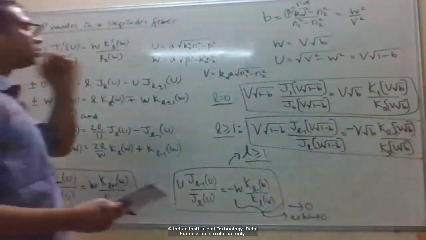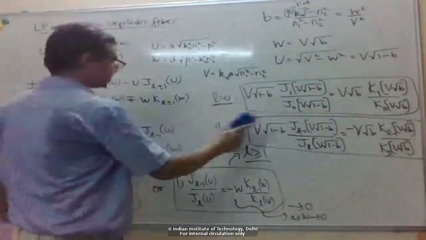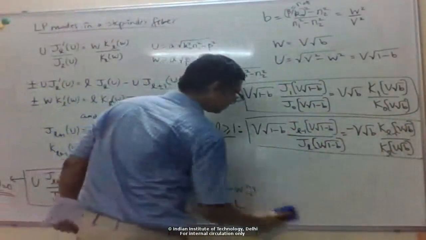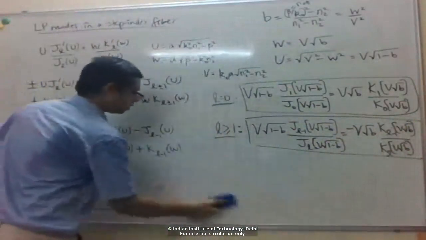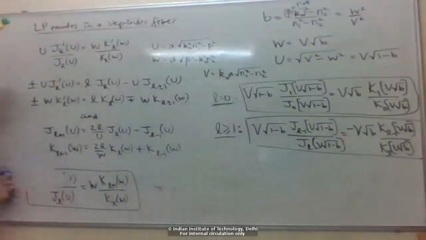Okay, so these are in terms of the normalized parameters B and V. And so the solution of this will give us the BV curves. So again, let's see how the solutions look.